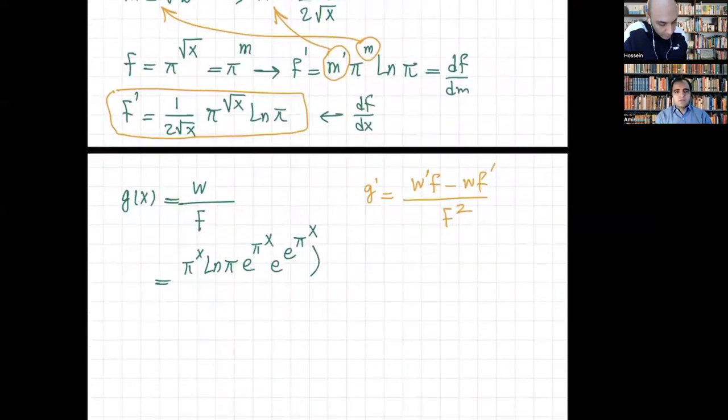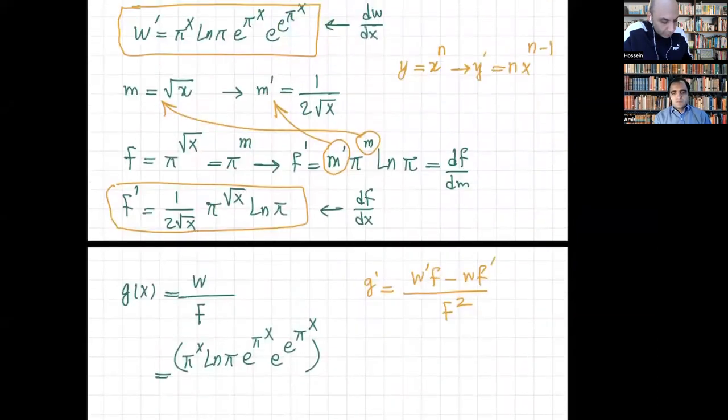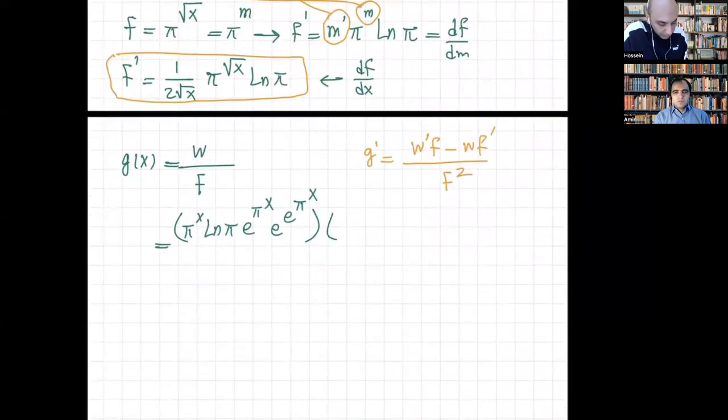Yes, that's w prime, times f, which is pi to the square root of x. That's correct.